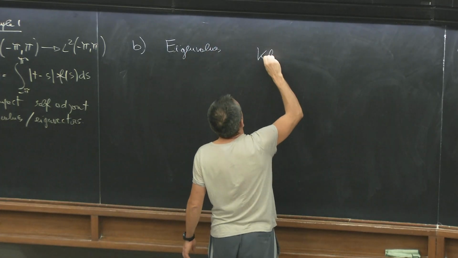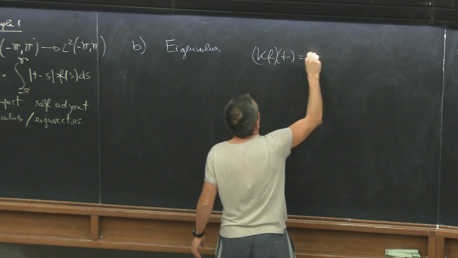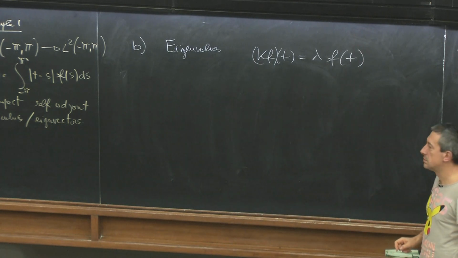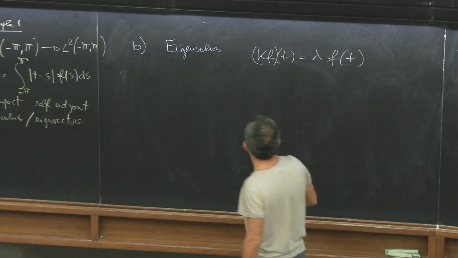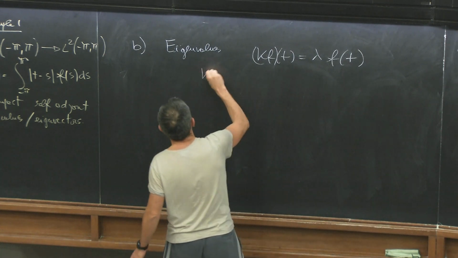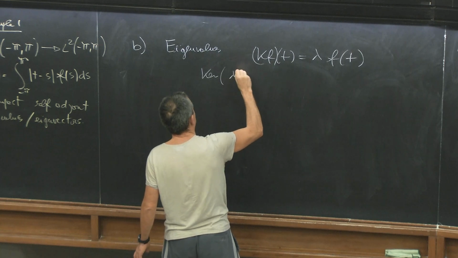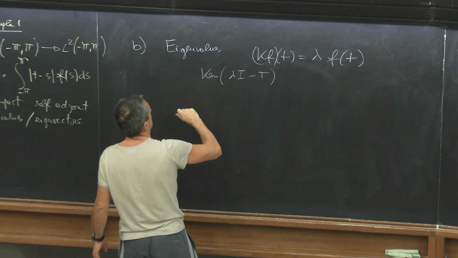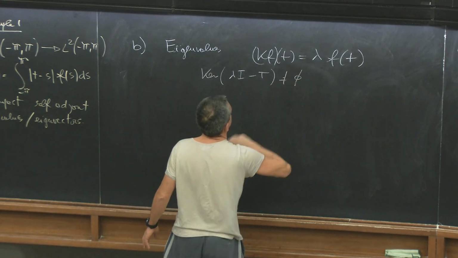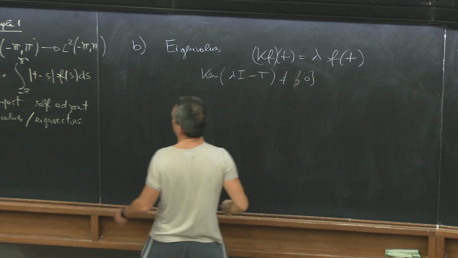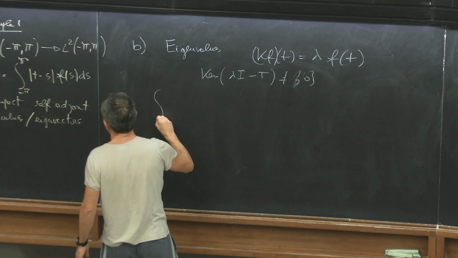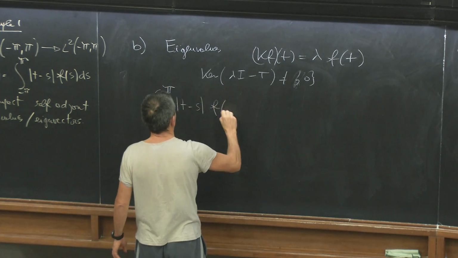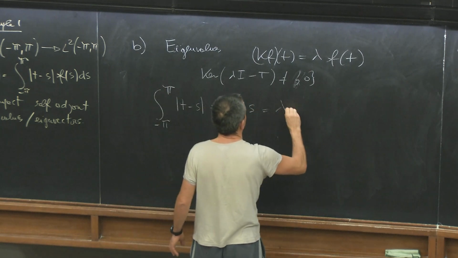Kf(t) equal to lambda f(t). So this is an eigenvalue, so it's the kernel of lambda identity minus K. So the kernel should be not empty, not 0. So let's write the thing. This is the integral from minus pi to pi of the kernel (t minus s) f(s) ds equal to lambda f(t).